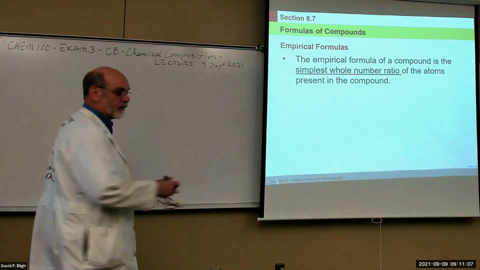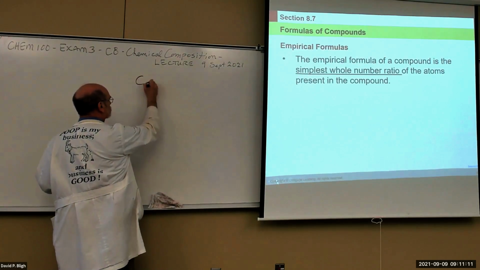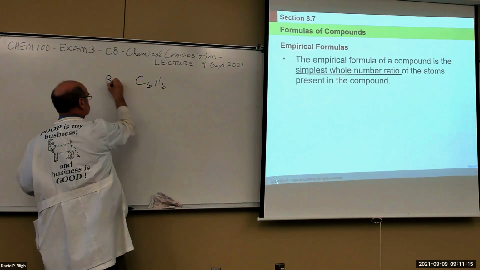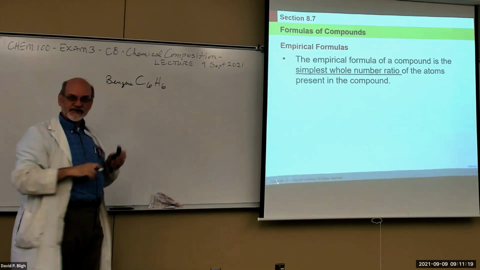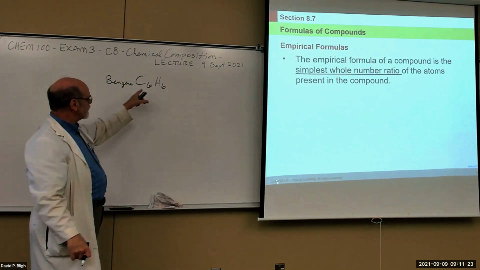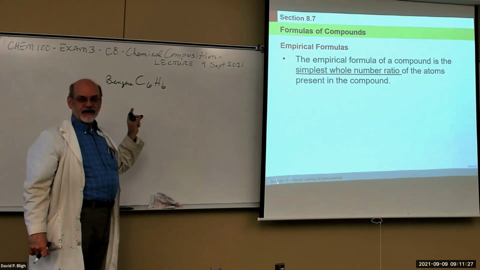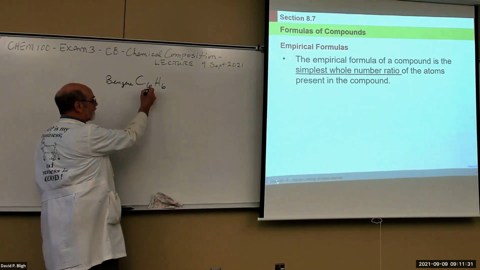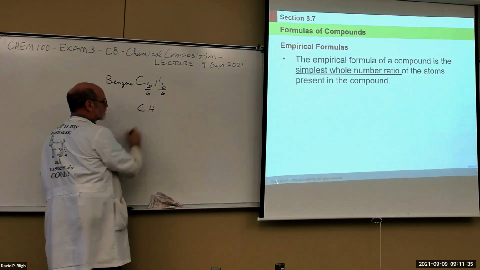Okay? For instance, if we know that the compound is benzene, what's the simplest whole number ratio? What can you divide each of these subscripts by that will simplify them further? Divide by 6. 6 into that one, 6 into this one gives you CH.